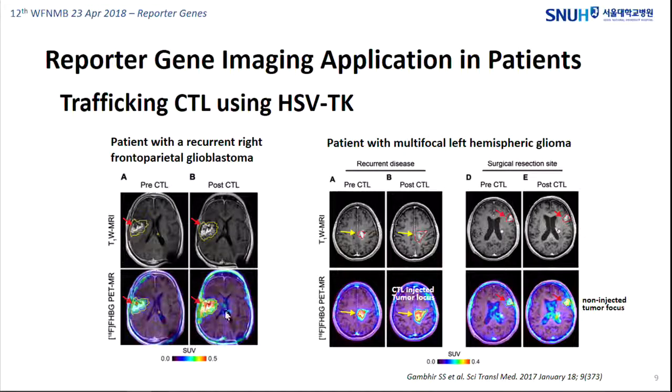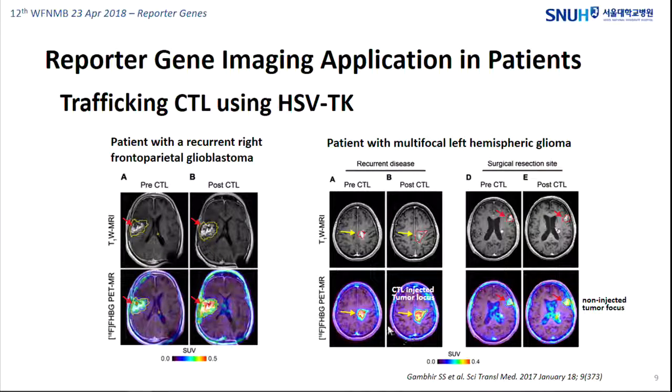In the FHBG PET, after treatment with CTL, they clearly showed the CTL localization. And they also showed one patient with a recurrent glioma, and this patient had a surgical removal before. They injected CTL into that recurrent place, and they also treated with interleukin-2 for the survival of the cytotoxic lymphocytes. Interestingly, they found the CTL in the recurrent glioma site.